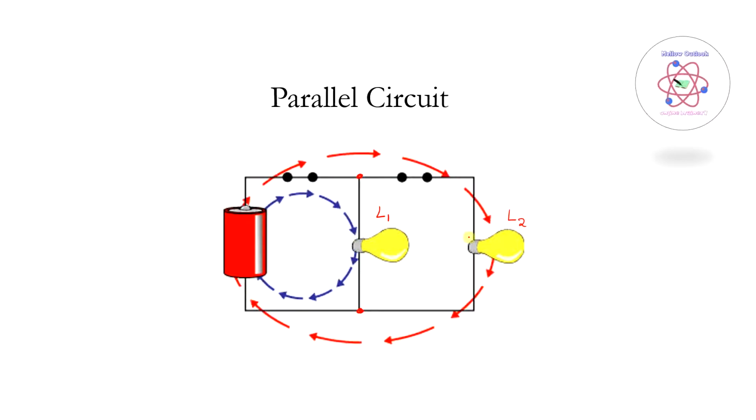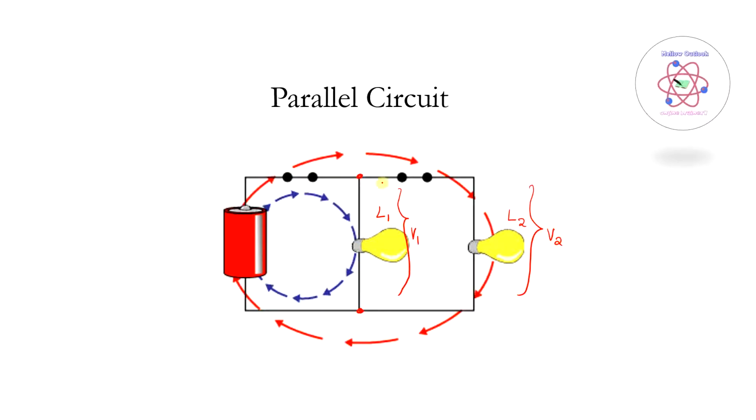In a parallel circuit, the voltage that appears in the parallel branch will be the same. So the voltage that appears across the lamp L1 will be the same as that of the lamp L2. So I can write this as V1 equal to V2.